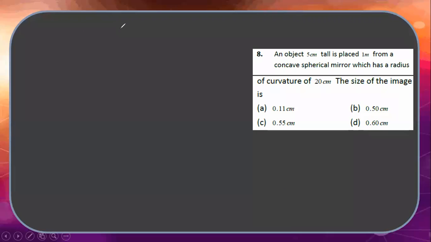What did they ask to calculate? An object 5 centimeters tall is placed 1 meter from a concave spherical mirror which has a radius of curvature of 20 centimeters. It is a concave spherical mirror.